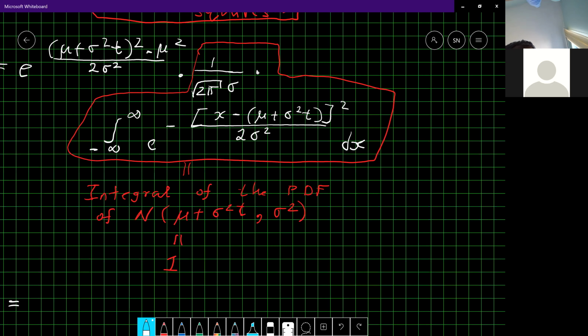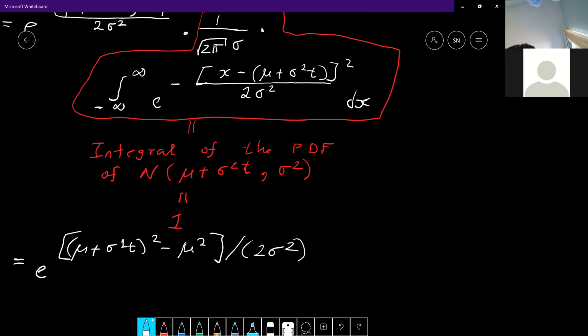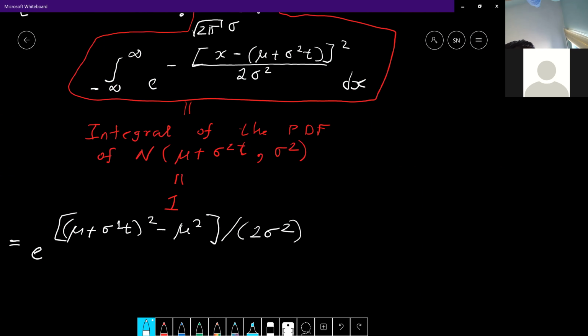So what you have is e to the power of this. Now you can simplify this further. If you expand the first term, you will get 3 terms, and one of them will cancel with this.